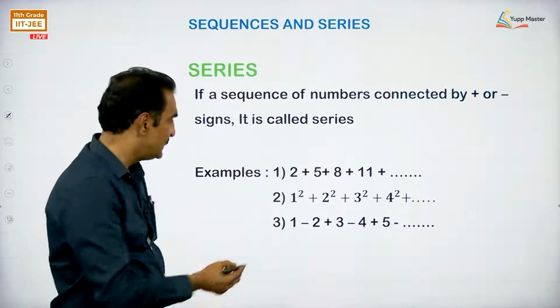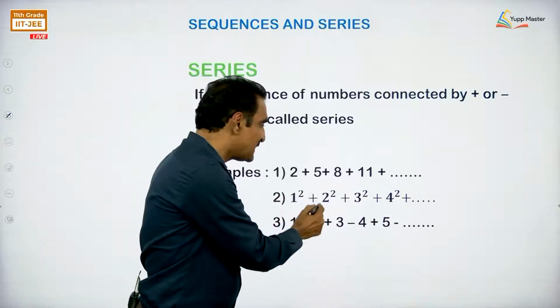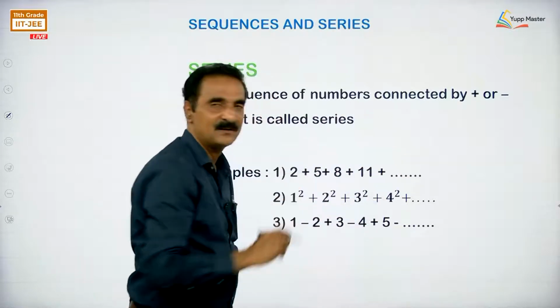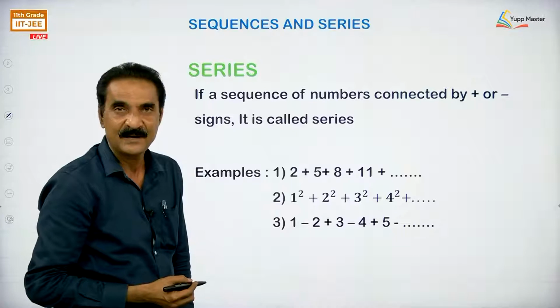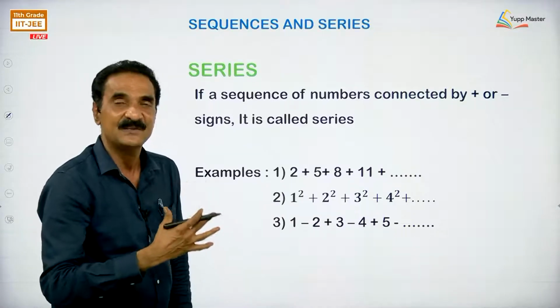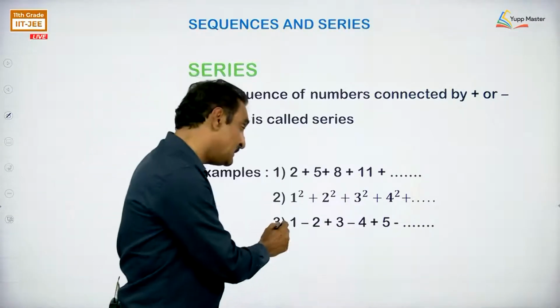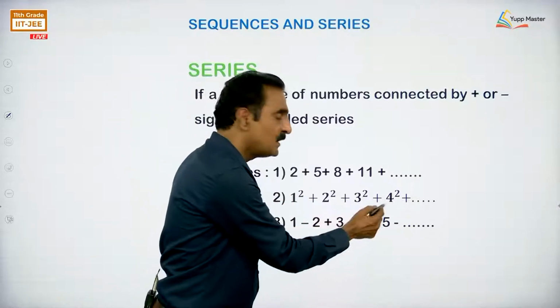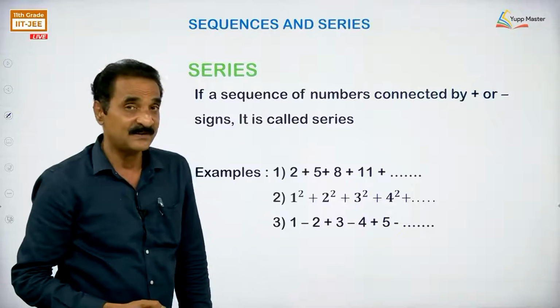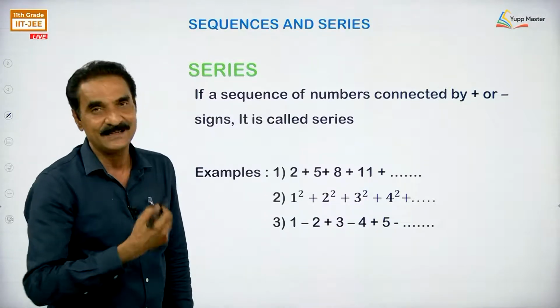The next is 1 square plus 2 square plus 3 square and so on. This is called a series. And you can also use the minus sign: 1 minus 2 plus 3 minus 4, where alternately we have used plus and minus signs. This is also a series.